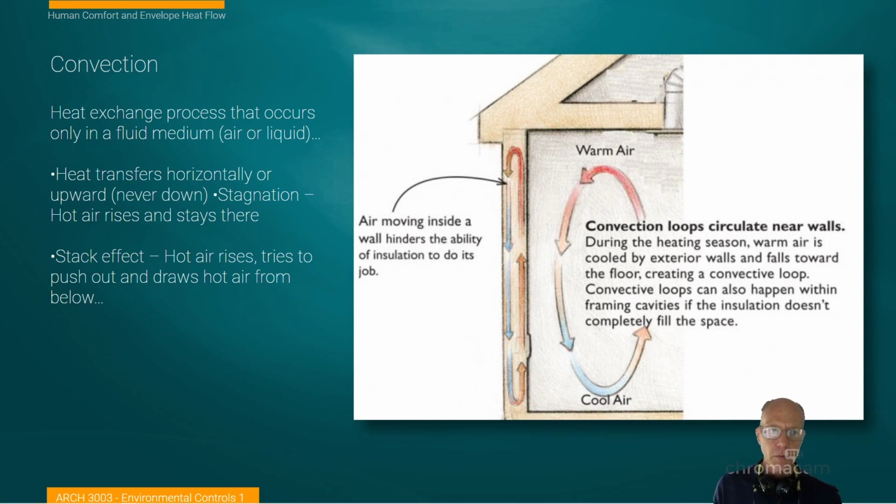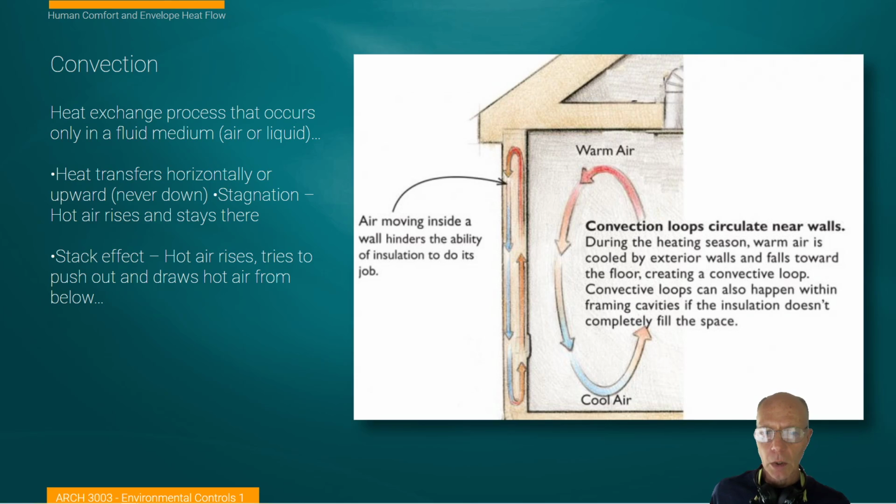Another concept of the motion of heat and transfer of it is convection. In this case, when we warm air, air gets lighter and moves higher. It becomes more buoyant. As it cools, it becomes denser and falls down. This creates a flow, a motion of air, and that motion of air can be either beneficial or negative.